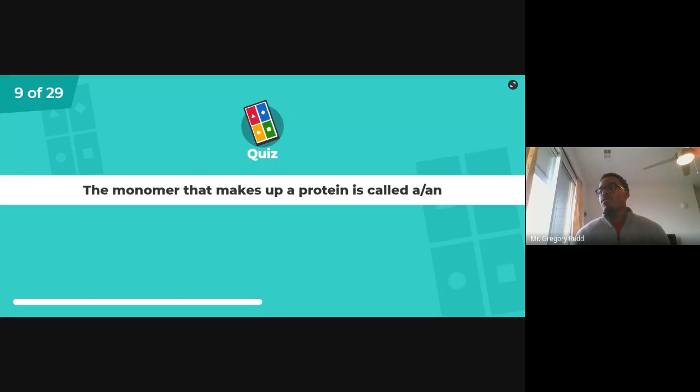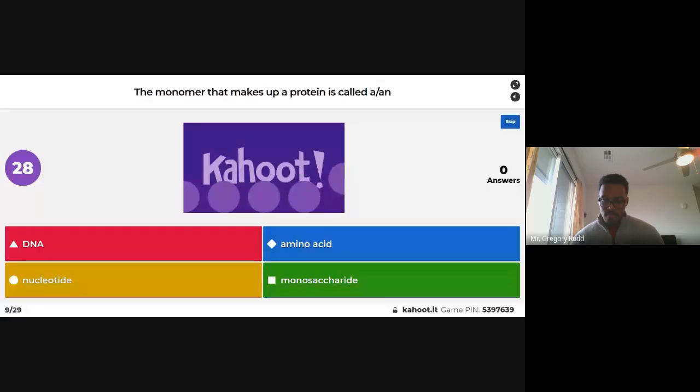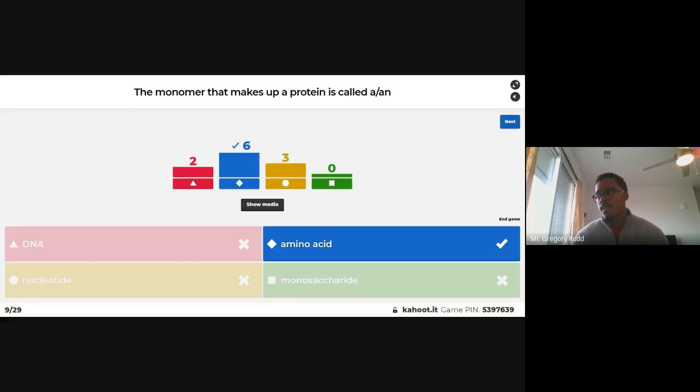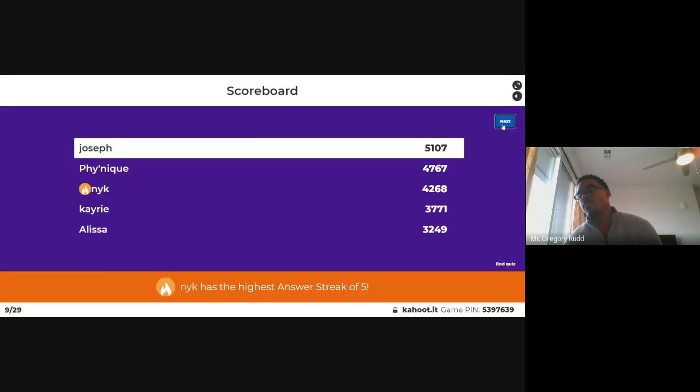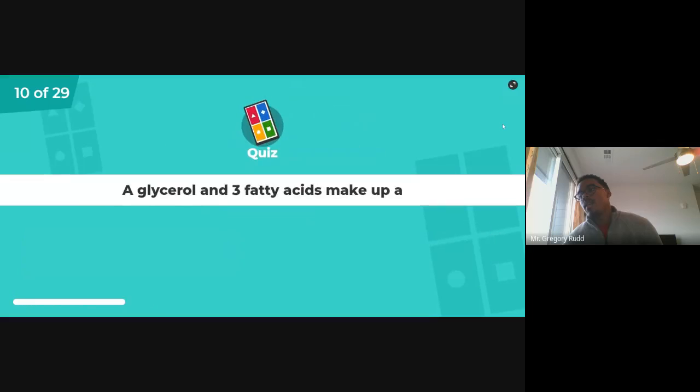The monomer that makes up a protein is called a, or an, what? Good. An amino acid is the monomer that makes up a protein. All right, let's keep going.